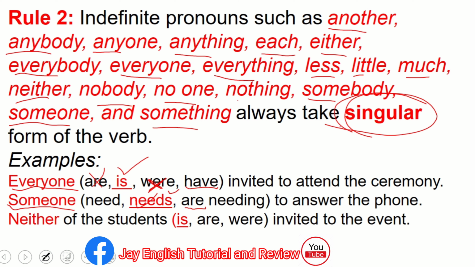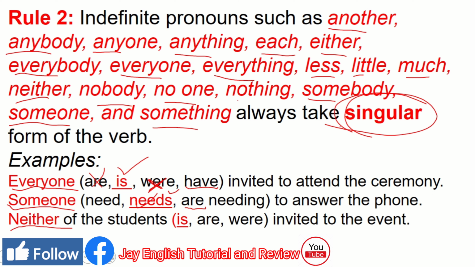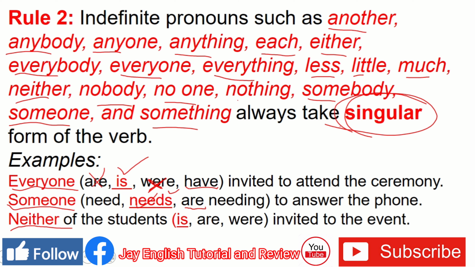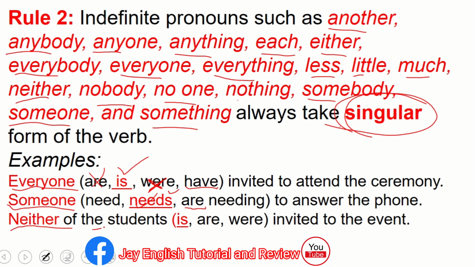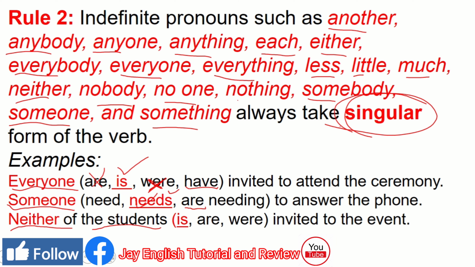Third example, neither of the students is, are, were invited to the event. Okay, this particular example is a little bit confusing. Why? Because if you check the sentence, you have here the words the students. The noun, the students, is telling you that it is plural.